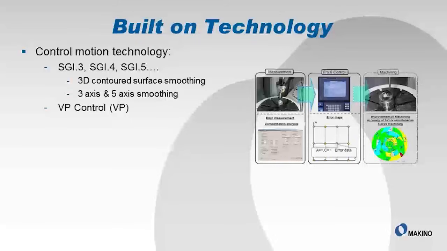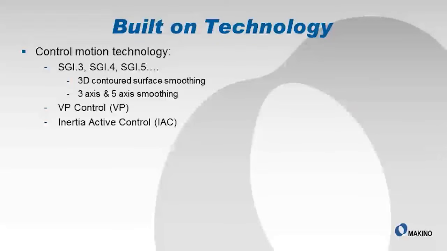And then as we're machining and contouring in 3D, 4D, 5D, or 5-axis continuous, we can use that error map to actually compensate and provide an extremely accurate, extremely tight workpiece.